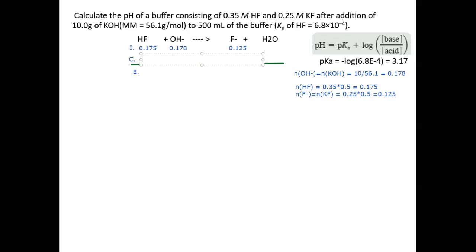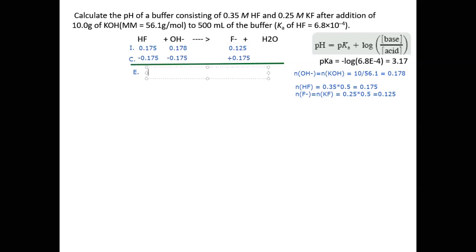So notice here that the amount of hydroxide is greater than weak acid, so we're going to subtract 0.175 from the hydroxide. Again, we're doing this because hydroxide is greater than weak acid, so we subtract the weak acid from the hydroxide.